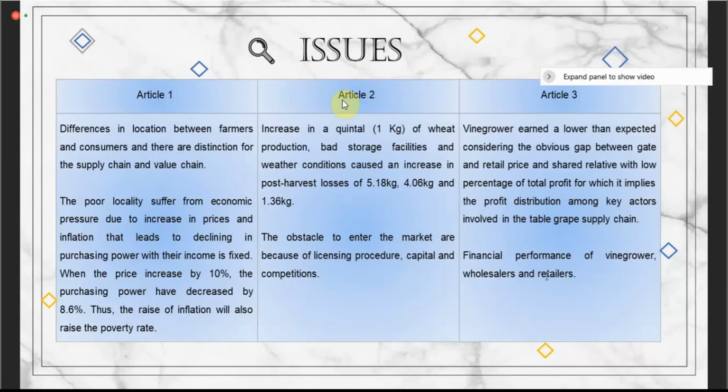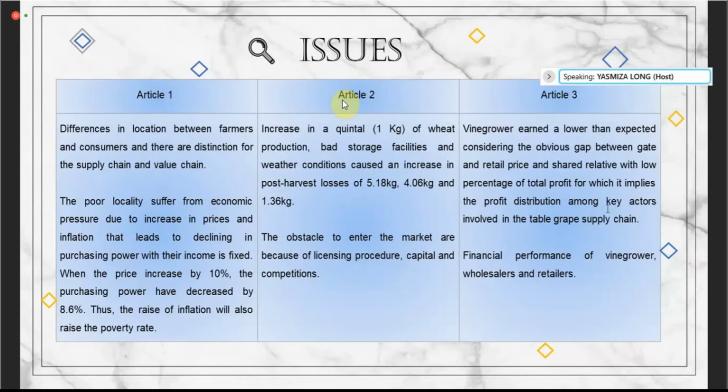That means there is no proper distribution of profit and share among the supply chain. Among the supply chains, maybe the retailer takes a lot, we don't know, the wholesaler and also the producer. Okay, this is one of the issues that arise. Okay, the issue arises maybe because of the lack of transparency.